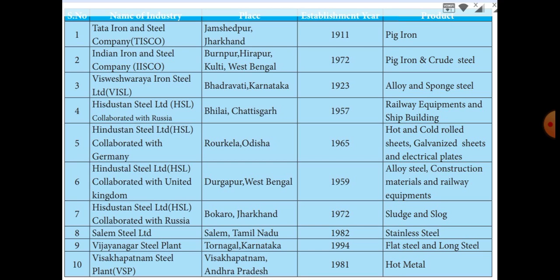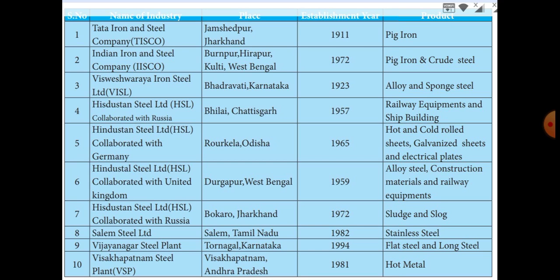Then the seventh one is Hindustan Steel Limited collaborated with Russia. These industries are located in Bokaro, Jharkhand, and were established in the year 1972. Sledge and slag items were produced through these industries.